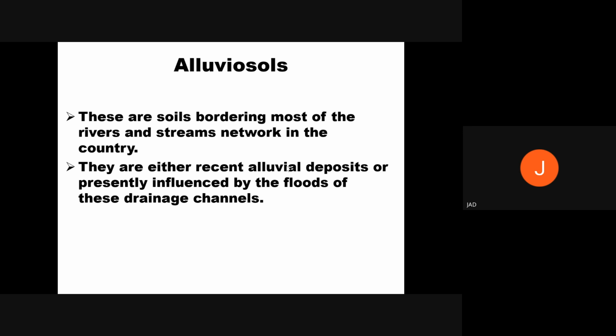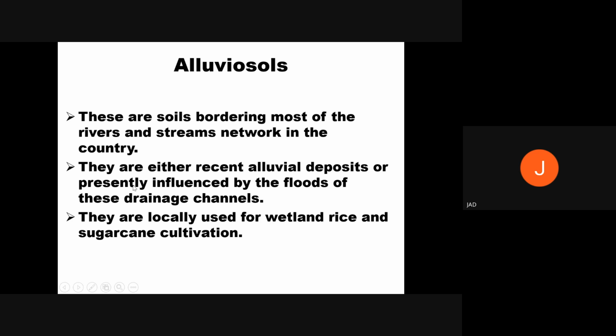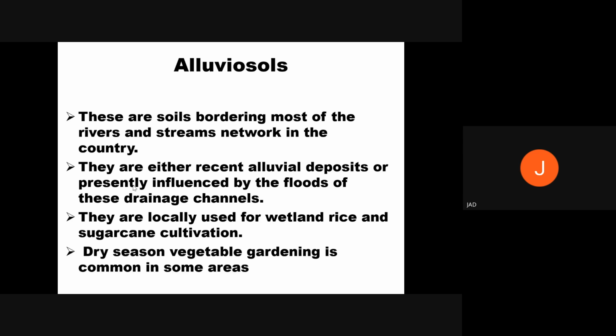But in the olden days, it flooded the banks, and immediately the river subsided, they started cultivating along the banks, and it brought a lot of silt from upland and deposited it along the banks as a result of floods. Most of this type of soils tend to be very fertile. They are used locally for wetland rice and sugarcane cultivation. Dry season vegetable gardens are common in some areas.